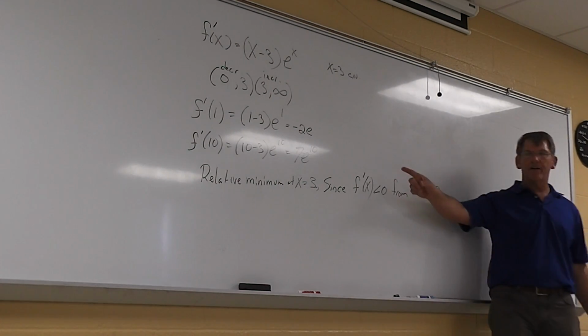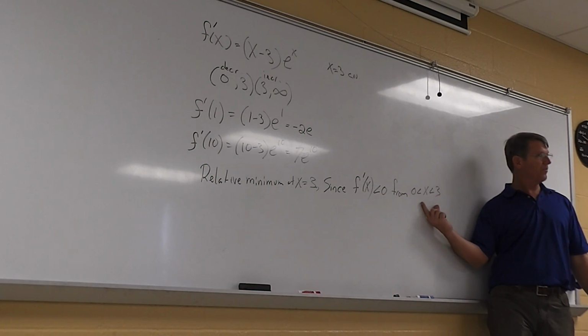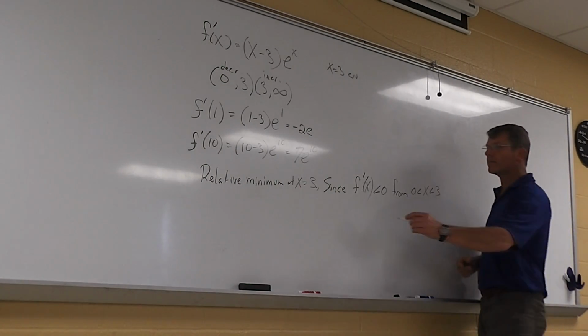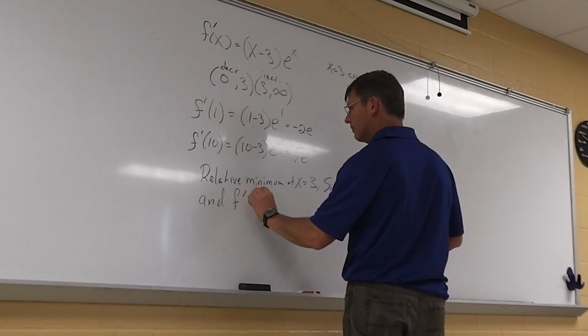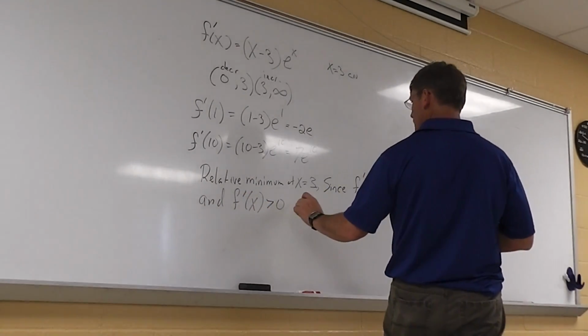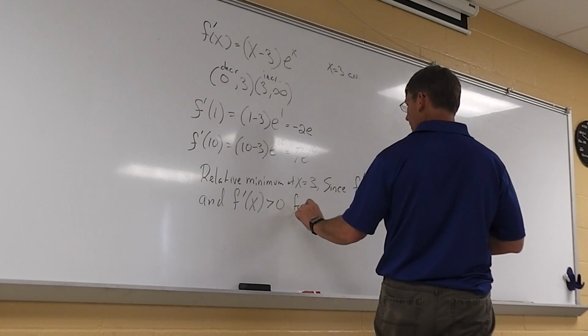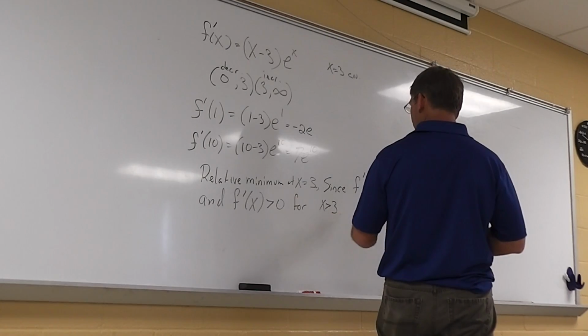He's basically saying my derivative is negative for all x's from 0 to 3. And then f prime of x is greater than 0 for x greater than 3.